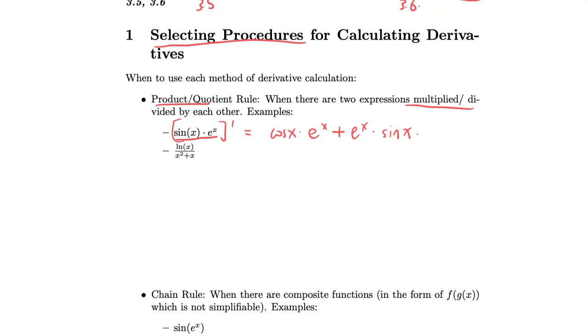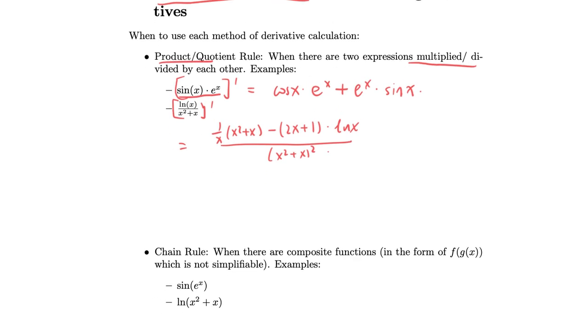Then for quotient, you would just use the quotient rule, right? So this would be derivative of the numerator times the denominator minus the derivative of the denominator times the numerator. And you would take that over the denominator squared. I'm not going to simplify this anymore.